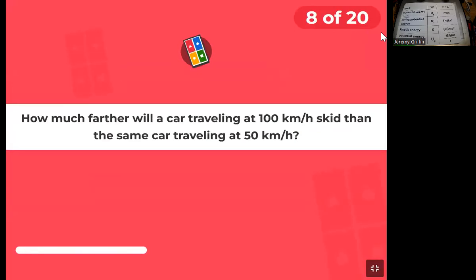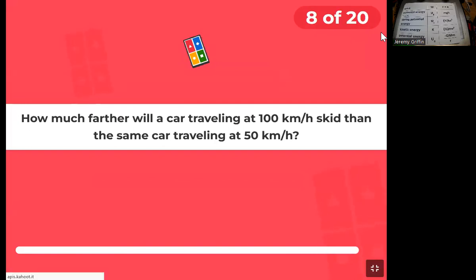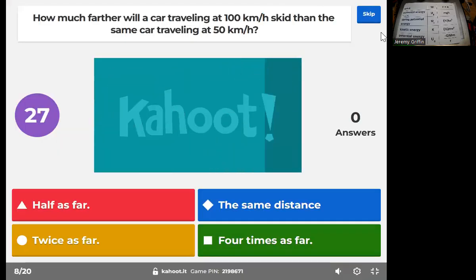How much further will a car traveling at that speed go compared to one at that speed? If you double the speed, 50 to 100 kilometers an hour, what happens to the braking distance?